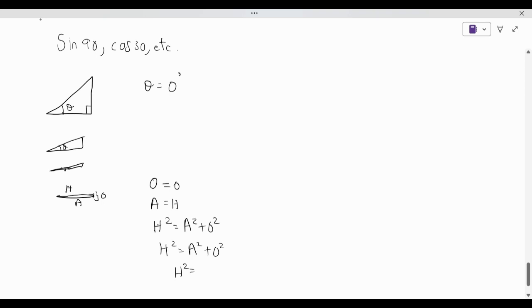So h square is equal to a square, or h is equal to a. Plus or minus a actually, but since distances are measured only in the positive direction, h is equal to positive a.